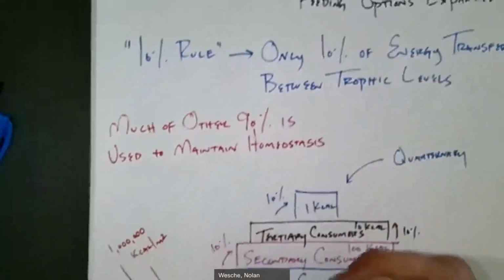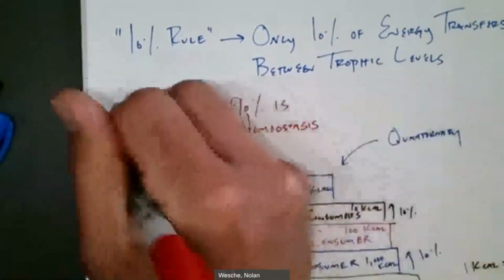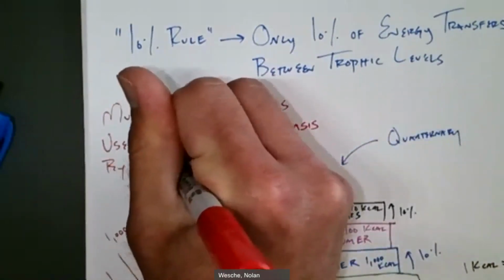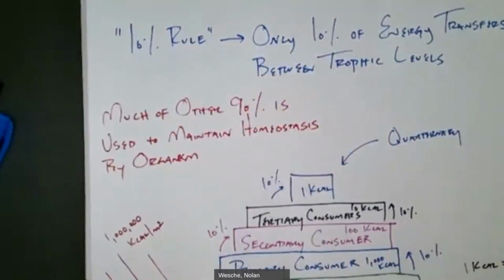Maintain homeostasis. And we'll say maintain by the organism, right? When we talk about endotherms, especially organisms that have to create their own heat by metabolism to maintain that body temp, this is where that energy is eventually ending up.